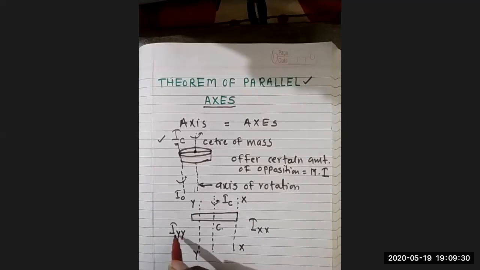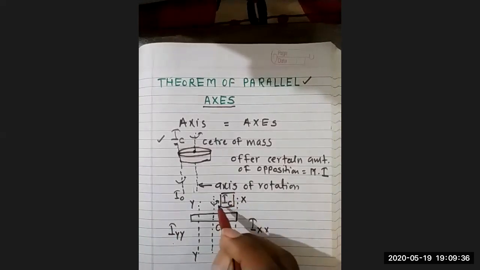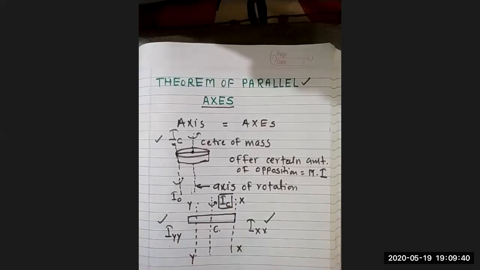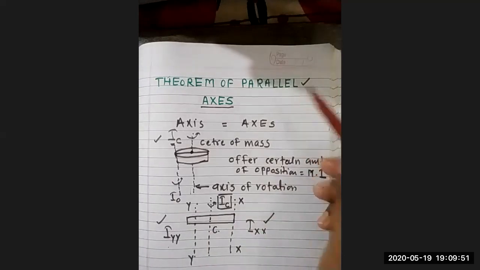Whenever we want to find such a moment of inertia and we know the formula for IC, we can calculate it if we are aware of the theorem of parallel axis. So here we have such cases where we can apply the theorem of parallel axis.